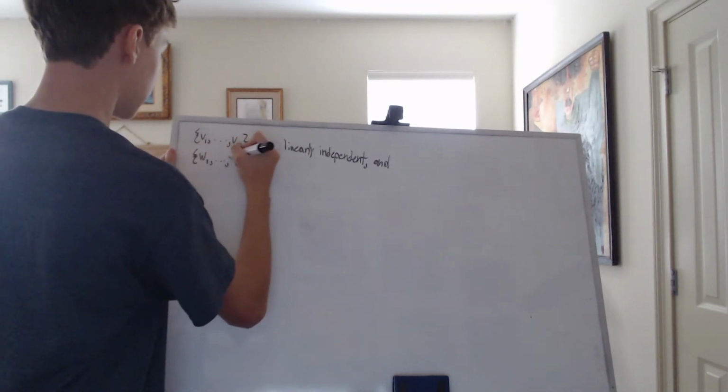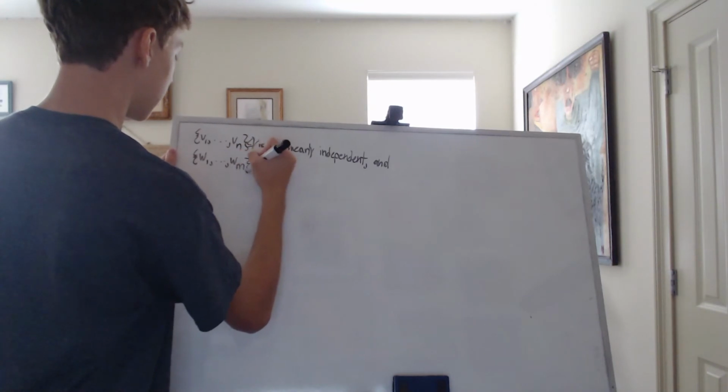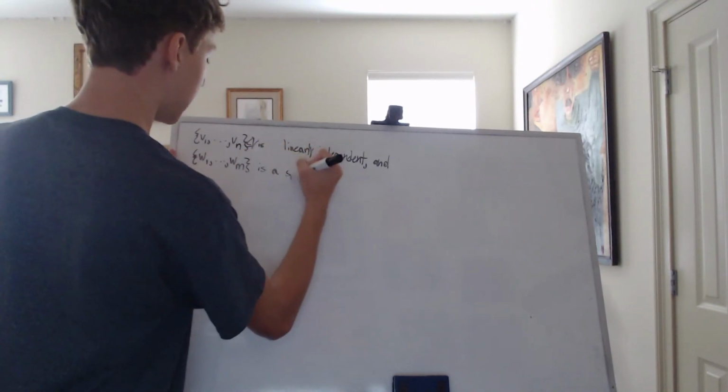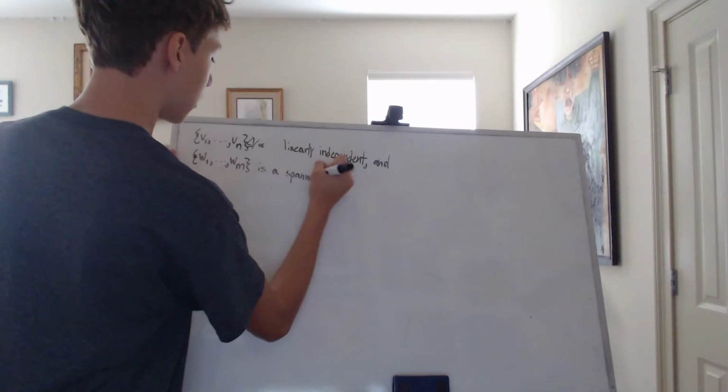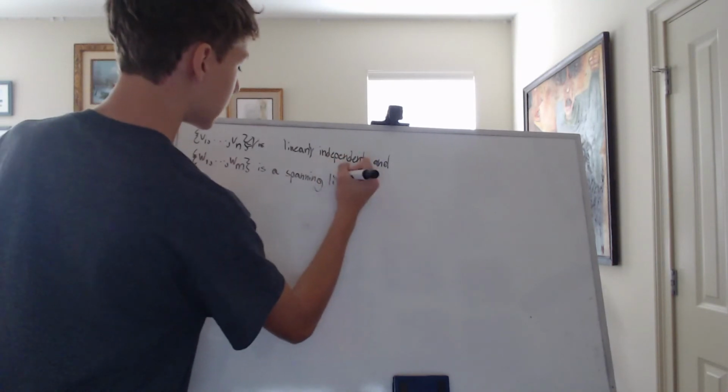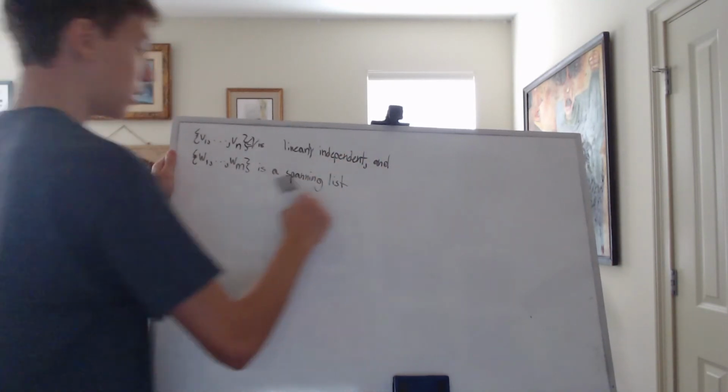And w1 through wm is a spanning list. Again, we defined spanning list last time.